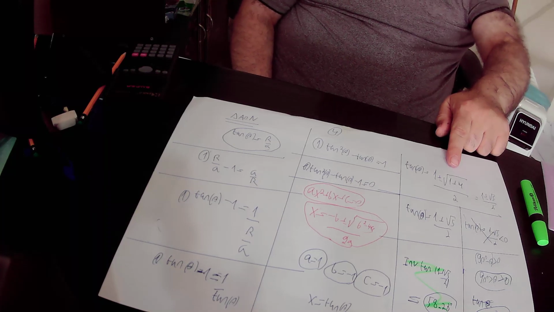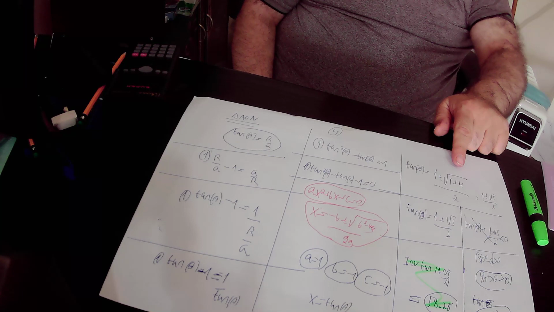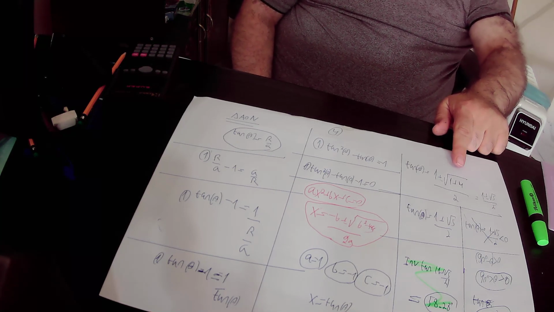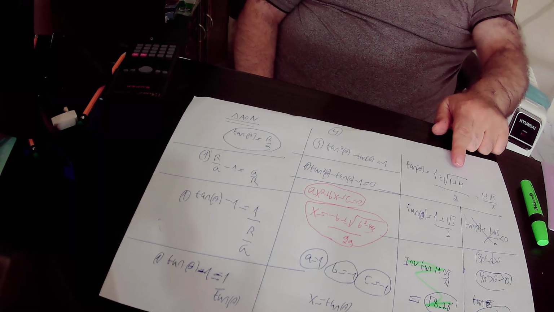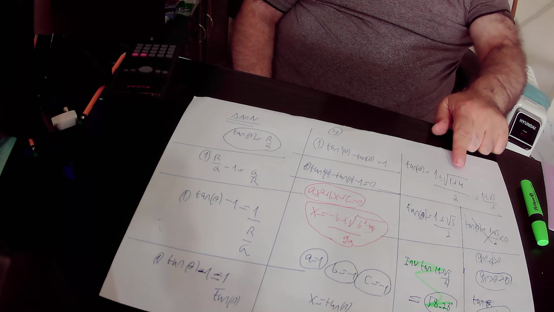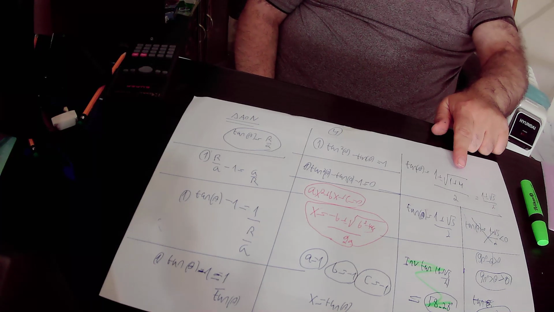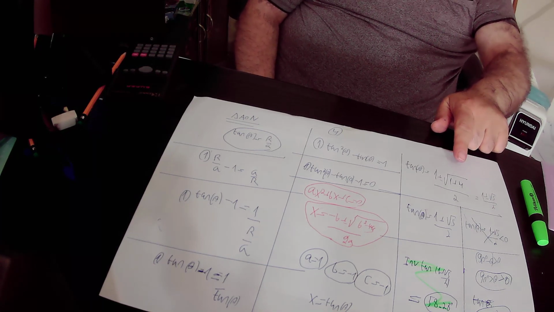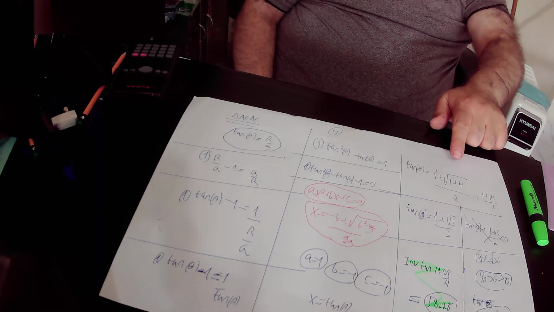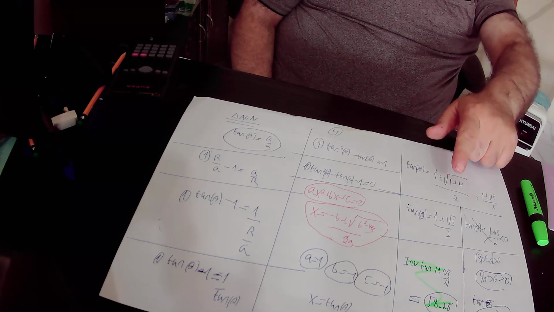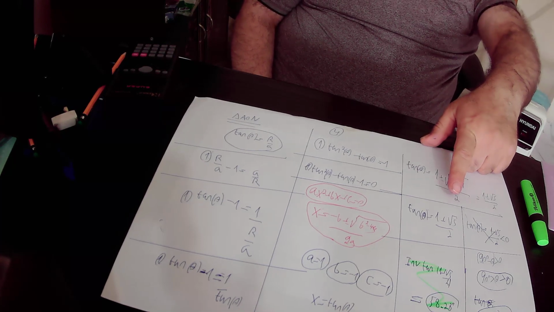B squared is minus 1 squared, that is 1, minus 4 times 1 times minus 1, which is plus 4. So inside the root we have 1 plus 4, that is 5. In conclusion, tangent theta equals 1 plus or minus the square root of 5, over 2.